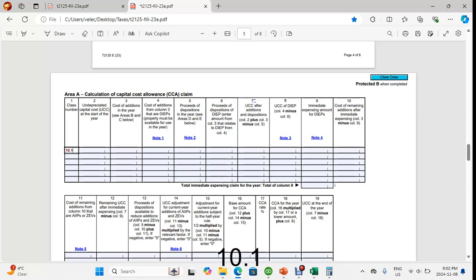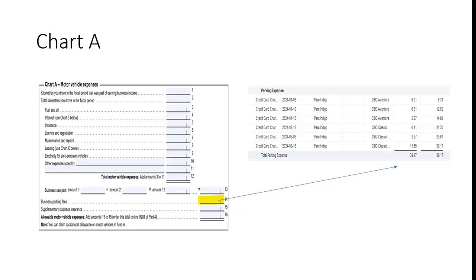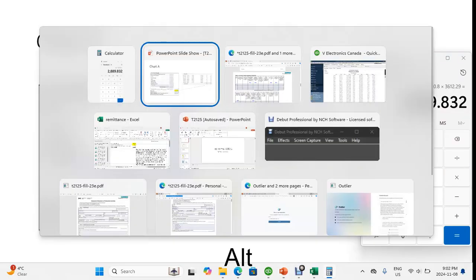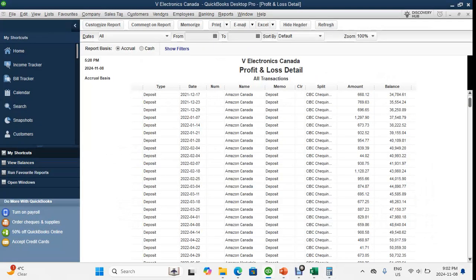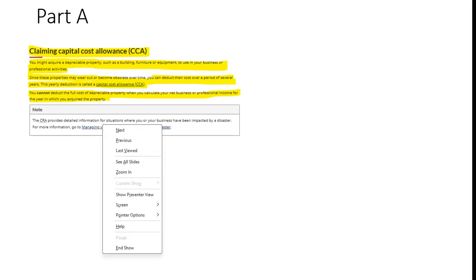When it comes to classes, you can find your class number on CRA's website.